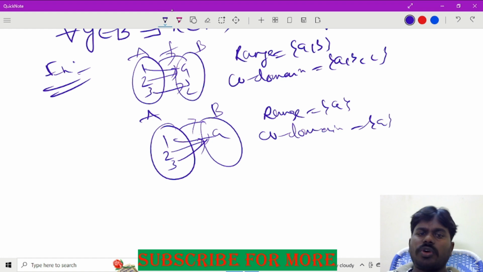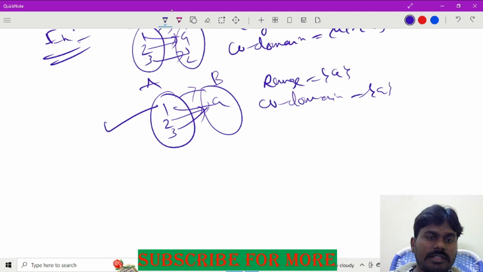So the range is equal to the codomain, so this is an onto function. Check whether this function is one-one: no, it is not, because distinct elements don't have distinct images here. So this is not one-one, this is only onto.